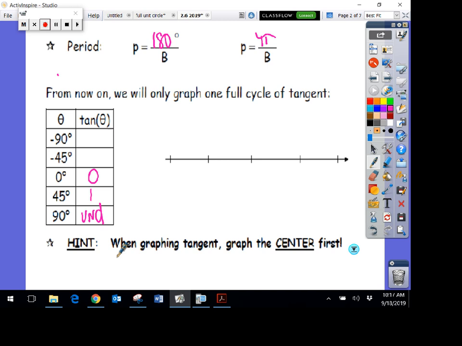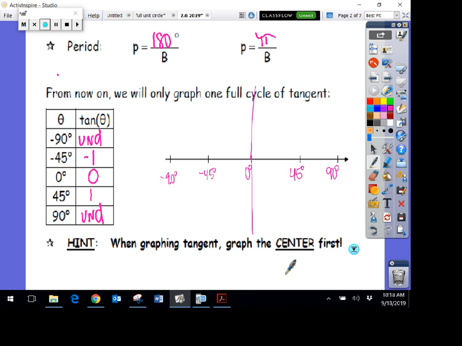If we go back the other way, tangent of negative 45 is in quadrant 4, so that would be negative 1. Tangent of negative 90 is down at the bottom, so the 0's in the denominator, so undefined. So those are the points we want to plot on our parent function. So we have negative 90 degrees, negative 45 degrees, 0 degrees, 45 degrees, and 90 degrees.